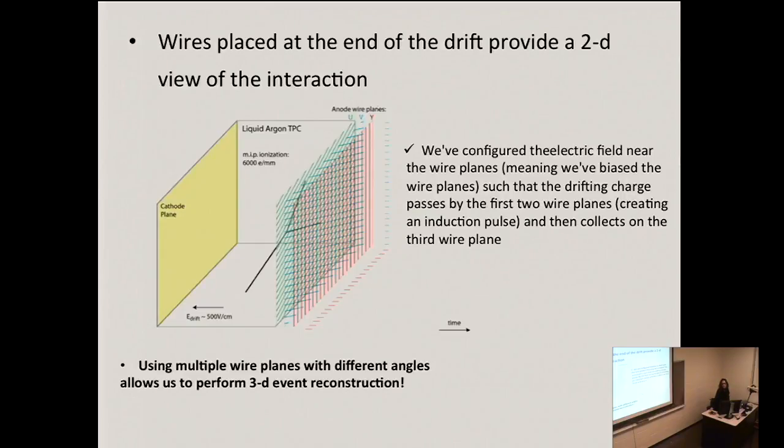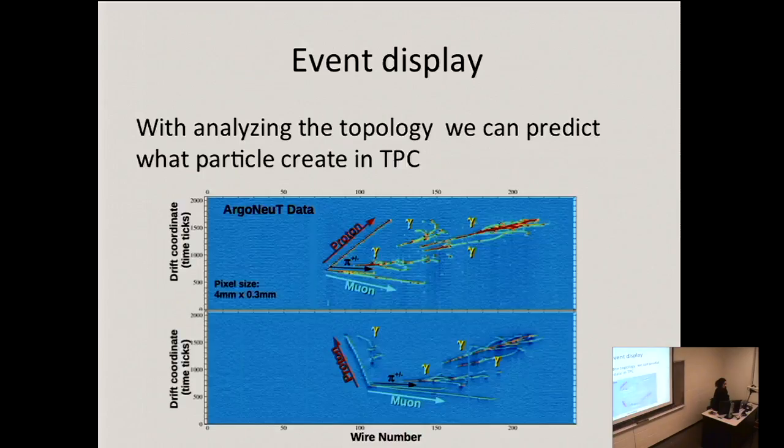For the LArIAT data that we are using, they actually use one induction plane and one collection plane, and one of the induction planes is off for LArIAT. So we have two different images, from induction and collection. LArIAT is actually ArgoNeuT, which gets a second life.